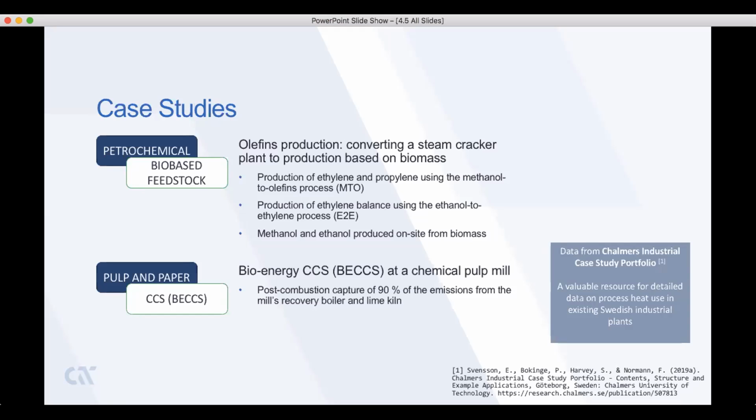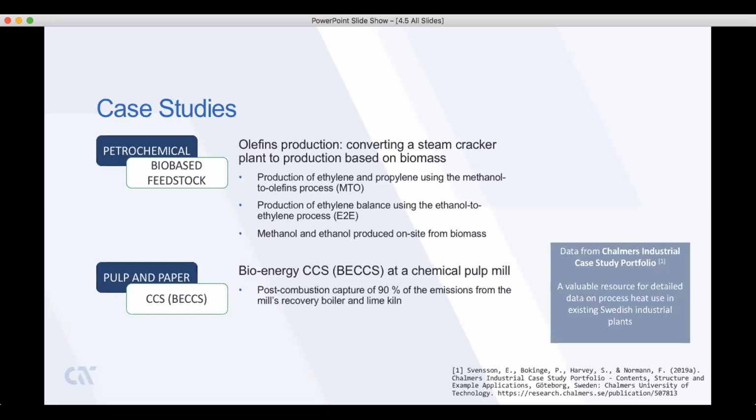Specifically, production of the light olefins, ethylene and propylene, was analyzed, and production at an existing steam cracker plant was compared to a potential biomass-based setup producing the same quantity of olefins via methanol and ethanol. The required alcohols are assumed to be produced on site from biomass using a fermentation-based process for ethanol and a process based on oxygen-blown gasification for methanol.